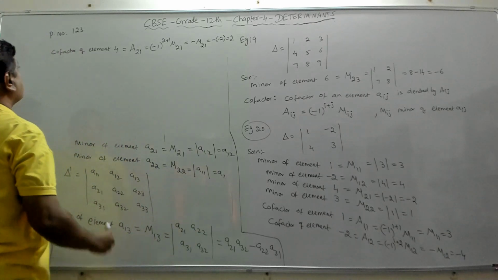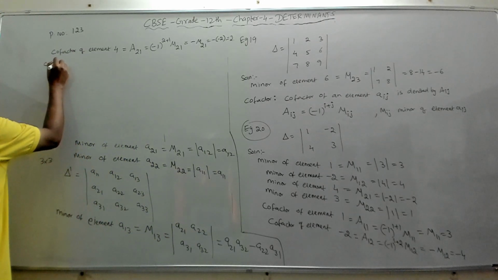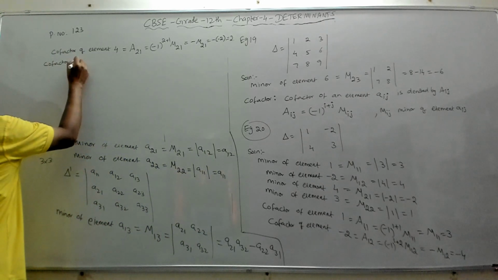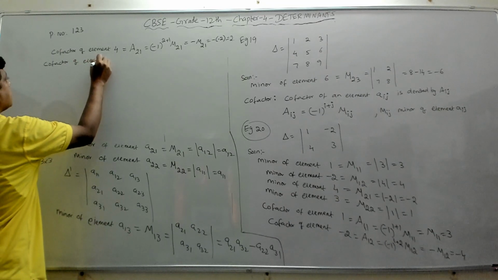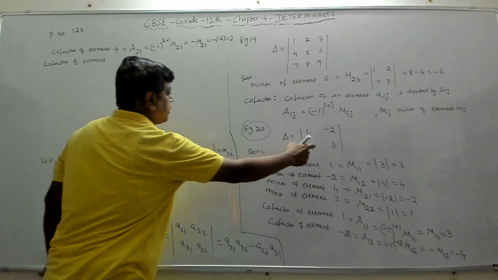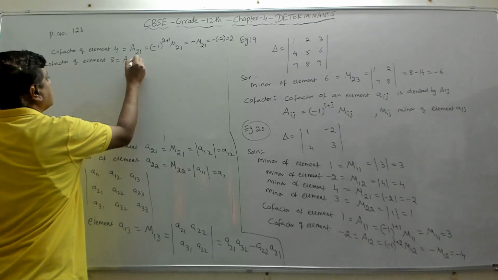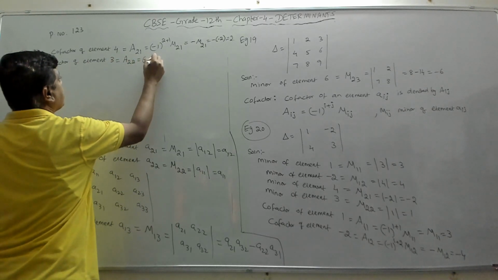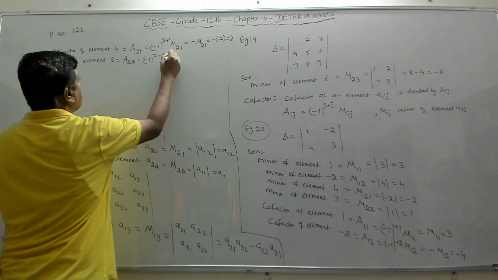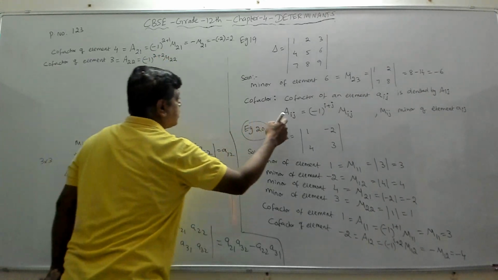So similarly, the cofactor of the last element, after 4 we have 3. So the cofactor of 3 is A22. That is equal to minus 1 power 2 plus 2 M22, as per this definition.